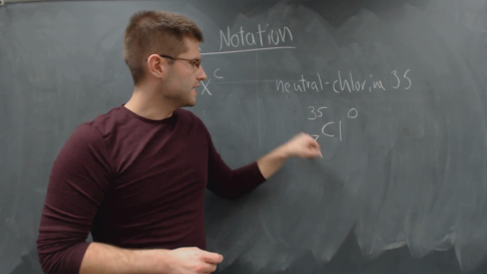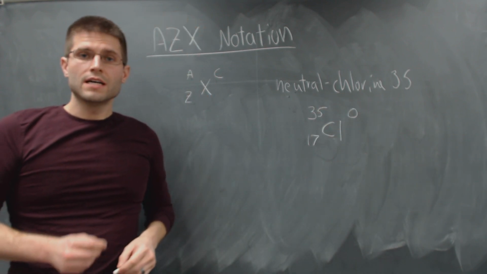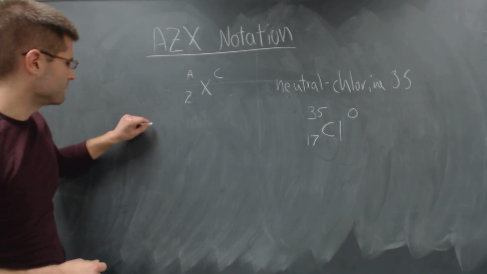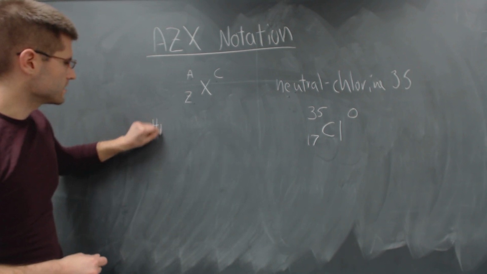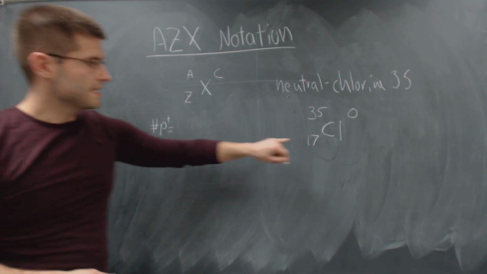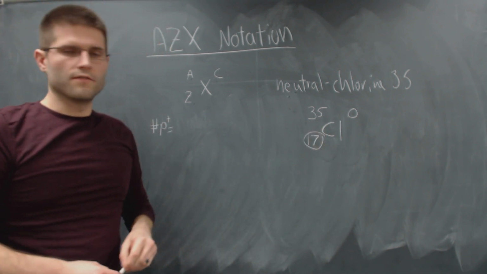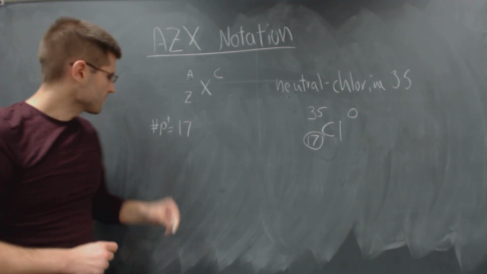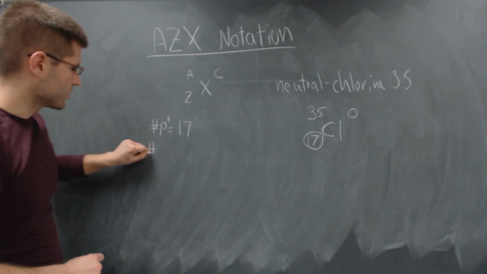So now, from this AZX notation, pretty simple to do, let's calculate the number of protons, neutrons, and electrons that are present in this atom. So the number of protons is going to be given in the bottom left-hand corner of the AZX notation. That's your atomic number. Let's do the number of neutrons.